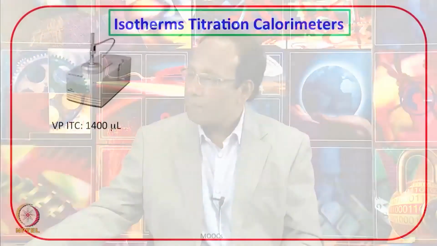So, therefore, nowadays there are efforts by the different companies who manufacture isothermal titration calorimeters to reduce the volume of the sample cell. But let us remember, reducing the volume of the sample cell means we are also compromising with the amount of heat that is either liberated or absorbed. But nevertheless, if the sensitivity improves, this factor can also be compensated. So, what are the different isothermal titration calorimeters available?